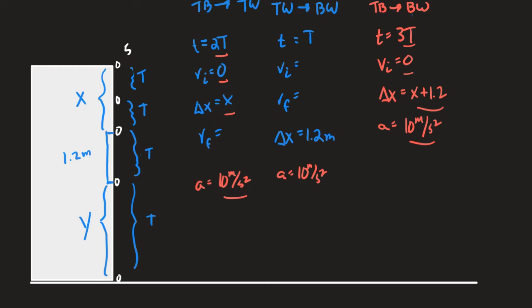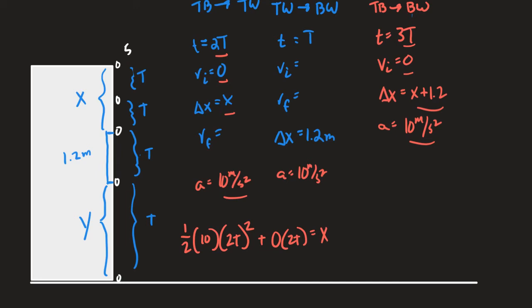Now I get that this one's hard, and laying all this data out is exactly what I would expect you guys to do. Lay out everything you can, every combination, and see if you can find one that kind of fits together. This one appears to fit together, meaning I'm going to use 1/2 a t squared plus v naught times t equals delta x.